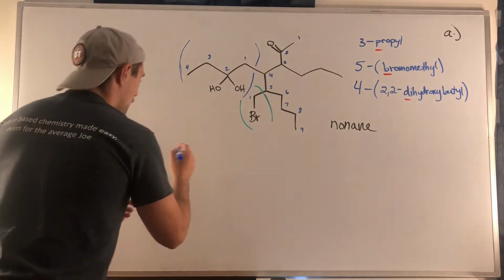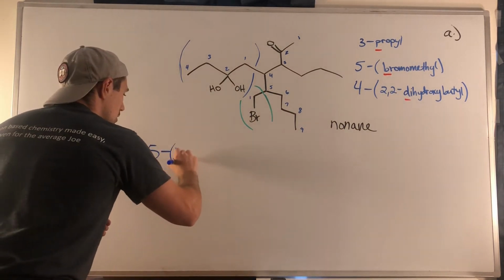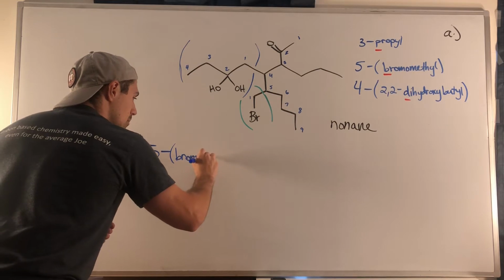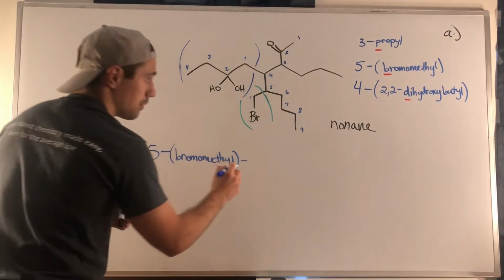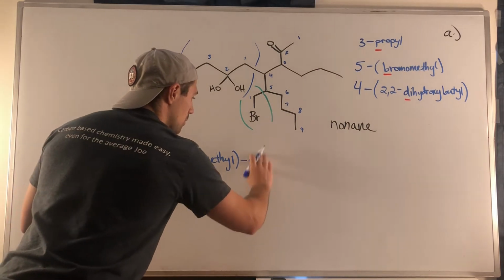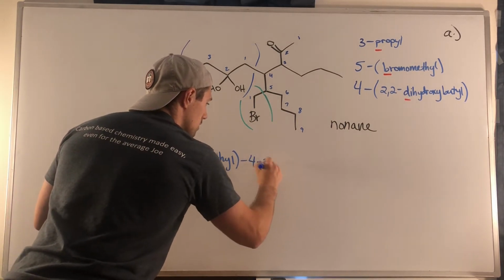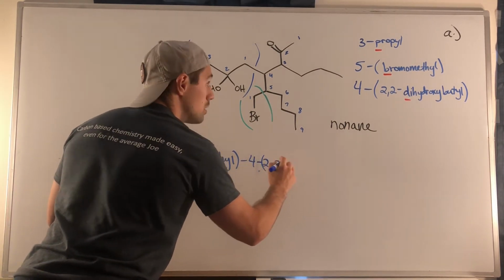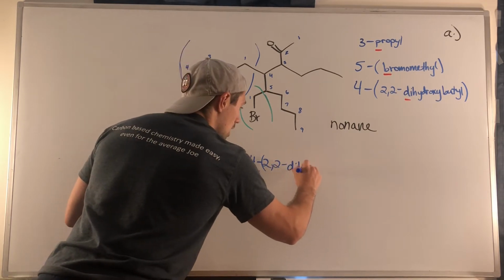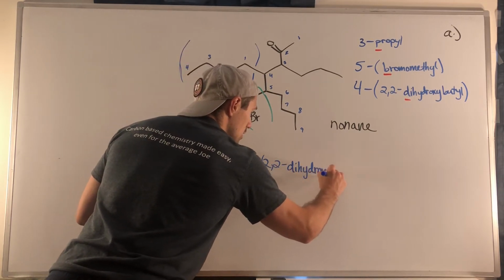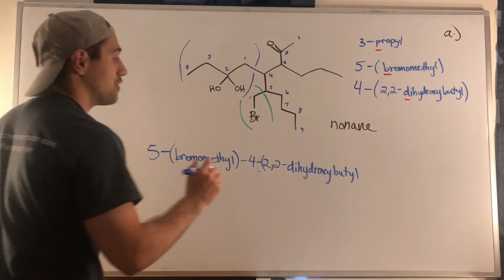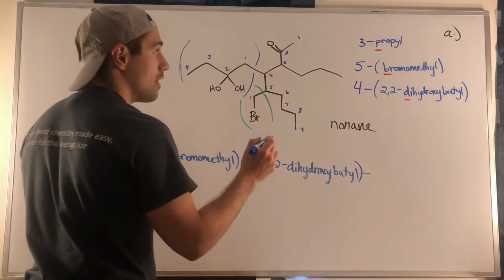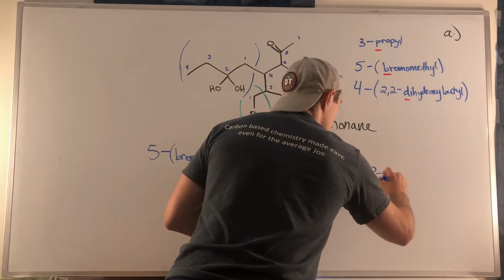So we have 5 bromomethyl, hyphen, and then we have the 4, 2,2-dihydroxybutyl. Sorry if I end up misspelling something. That's on accident if you catch that.